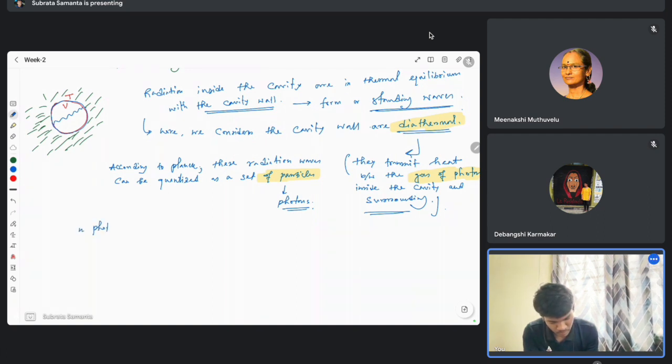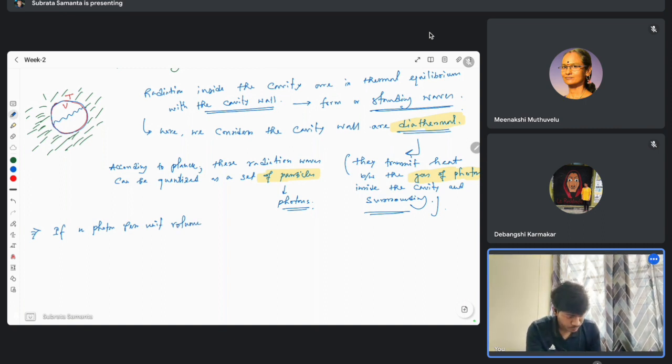These n photons per unit volume inside the cavity comprise the gas of photons.